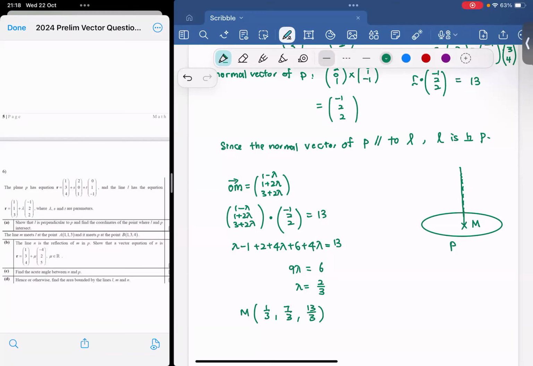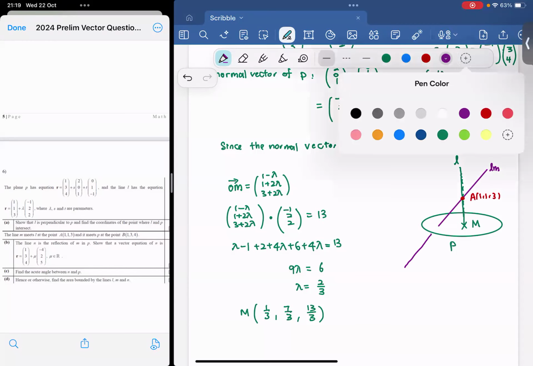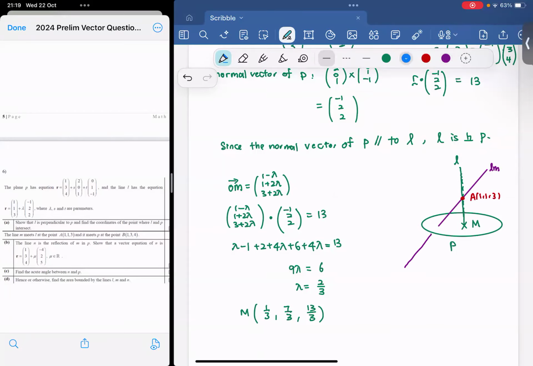There's another line called line M. It meets L at A (1, 1, 3) and meets P at B (1, 3, 4). Then N is the reflection, so N is this line.